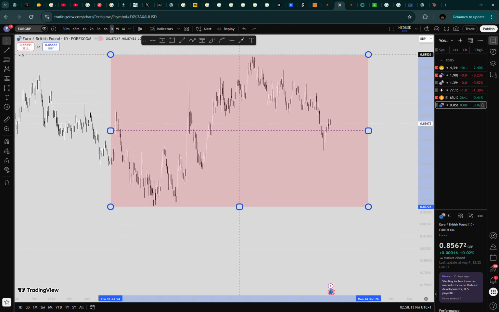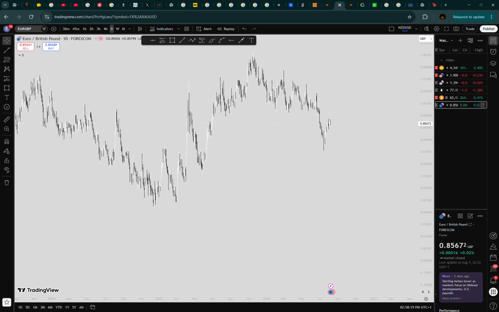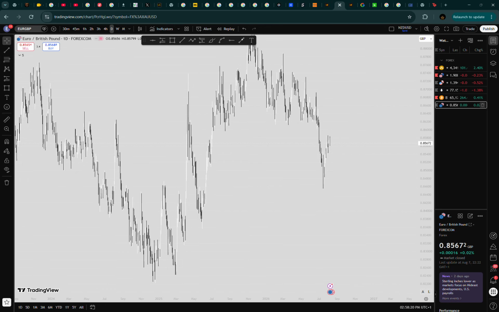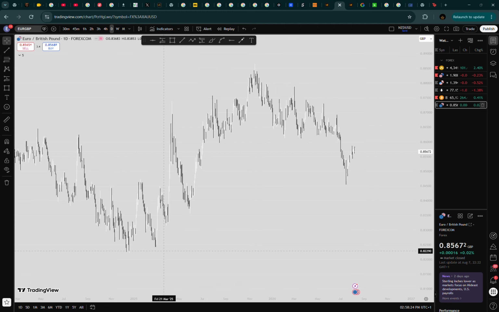Now, what do you notice? Price is bullish a little. From 2025, price has been creating a series of higher highs and higher lows. But towards the ending of 2025, we start having a bearish pattern.